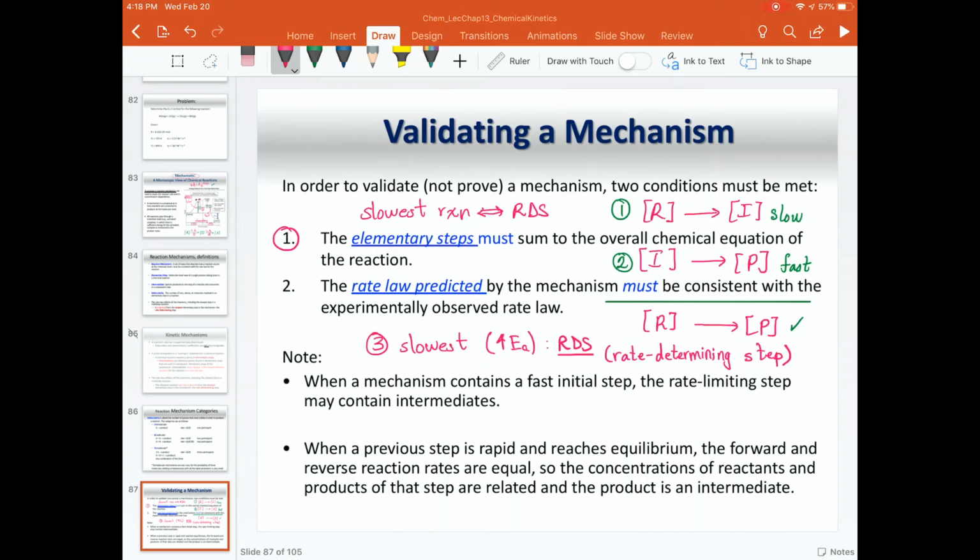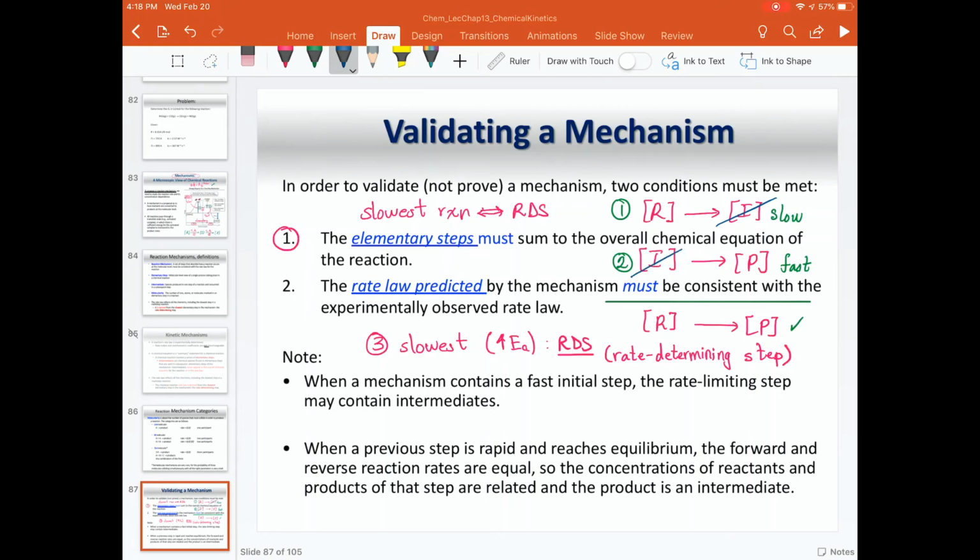So let's say that you have the first step, a reactant going to an intermediate. It's a slow step. The second reaction is the intermediate going into a product. When you add these two together, they should give you the overall reaction, reactants going to products. You can see that the intermediate in the first case is a product, but in the second, it's a reactant, so you can cancel them out.